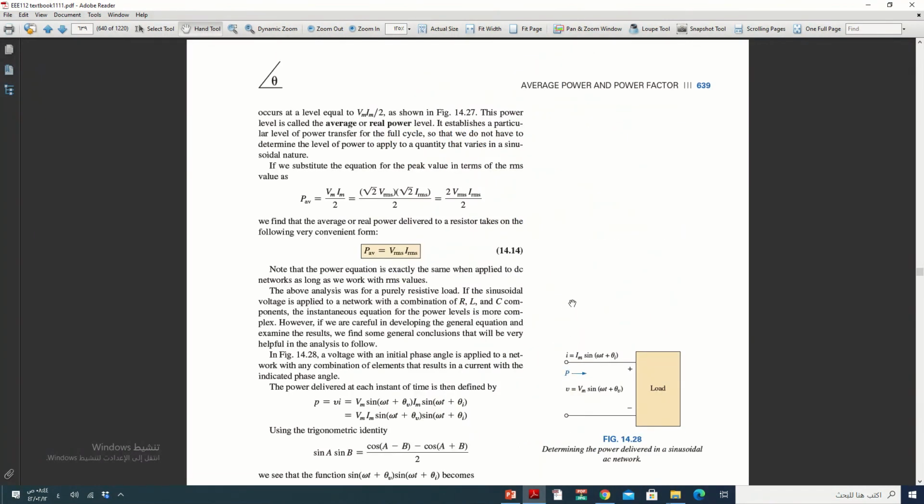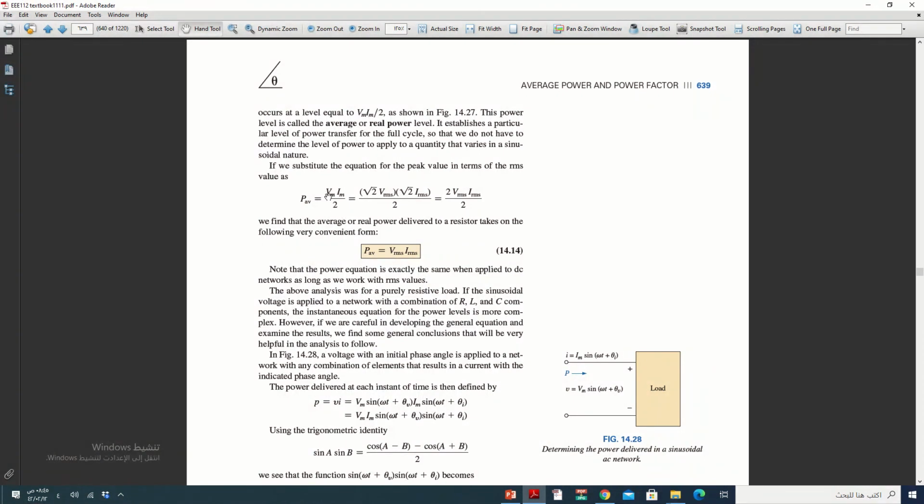If we need to find any average, we add them and divide by 2. Here, we have the peak Vm multiplied by the peak Im, because with voltage and current we find the power, and then divide by 2 to find the average.